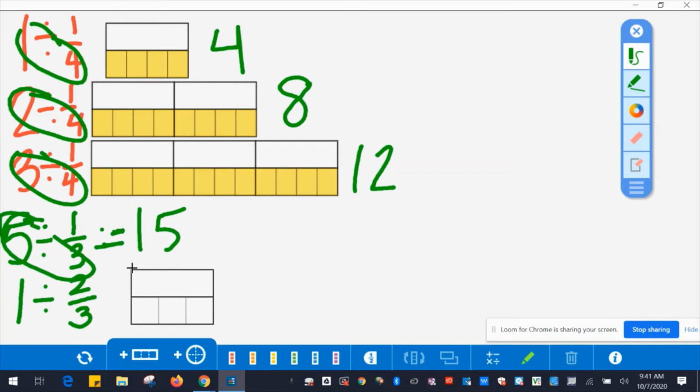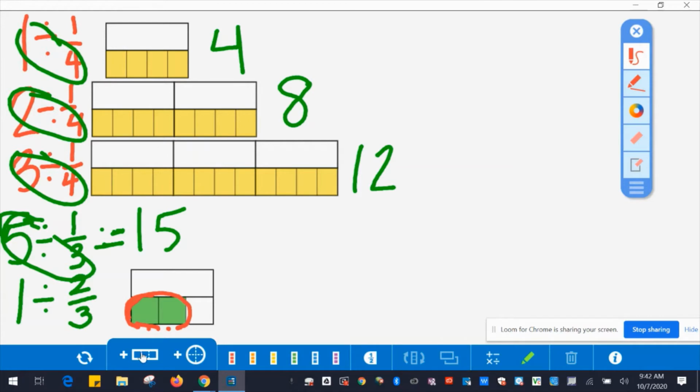So again, I have my 1 whole here, and I want to break that up into 2/3 size pieces. So how many 2/3 are in here? This is 1 group. So again, we talk about that there's 1 group of 2/3.